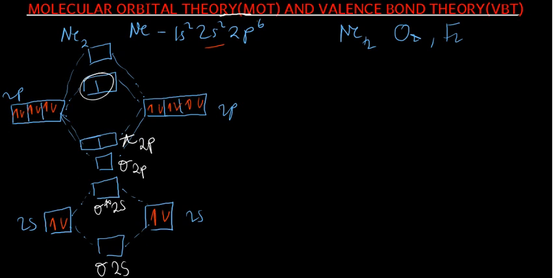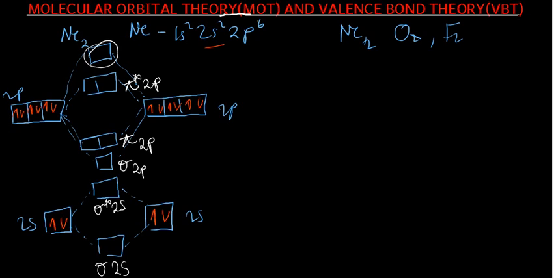This one is higher in energy, but there are the two of them, so it will be called a pi star. There are the two of them, that's why it's called pi. The star is coming because they are higher in energy than these two which are making them up. They are coming from the 2p, so it will be a pi star 2p.